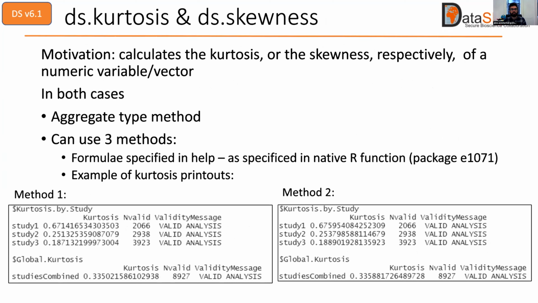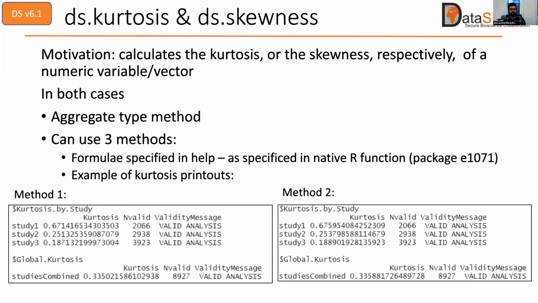Moving on to kurtosis and skewness, these are two new functions added for 6.1. I'm sure if you have ever used kurtosis or skewness in your regular R sessions, you'll know exactly what they do. Now they're available to use in DataSHIELD.